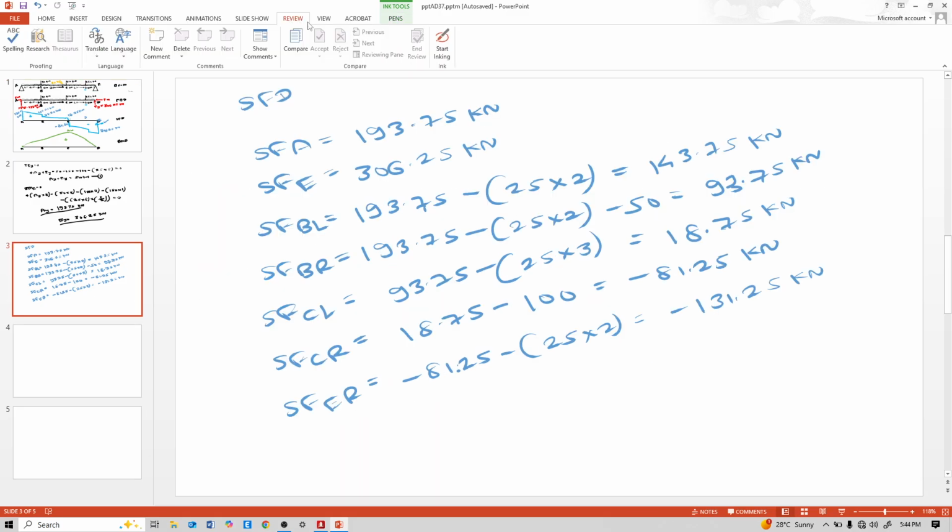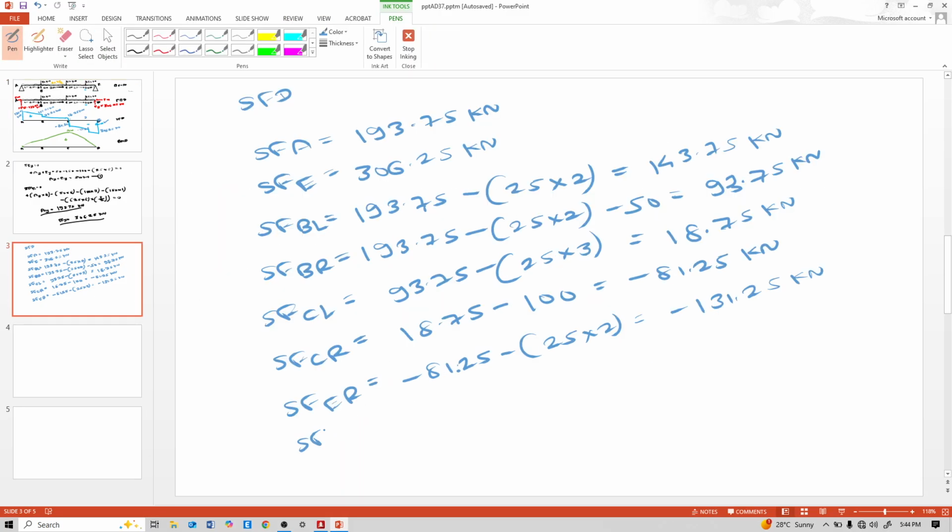Just towards right, minus 150. Minus 131.25 minus 150 is minus 281.25 kilonewton.